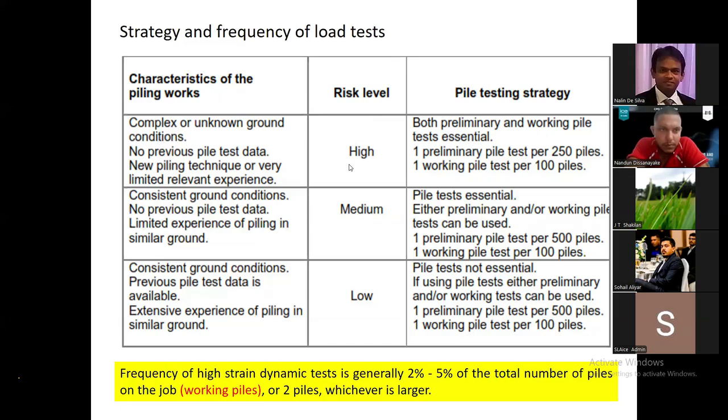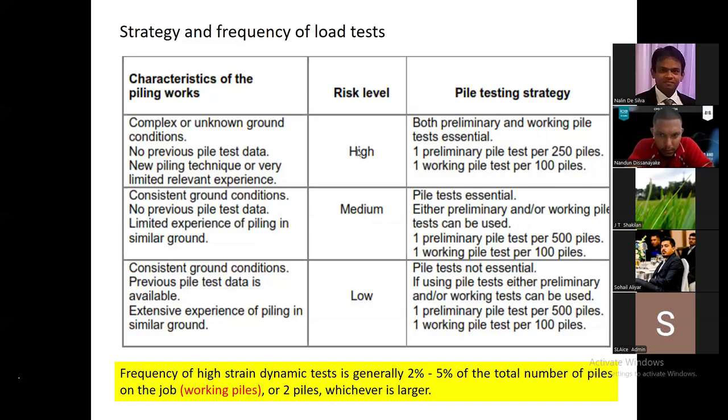In such cases, it is recommended to carry out preliminary pile tests, right? This is the ultimate load test, the testing of piles until failure. So one preliminary pile test per 250 piles. Then one working pile test per 100 working piles.